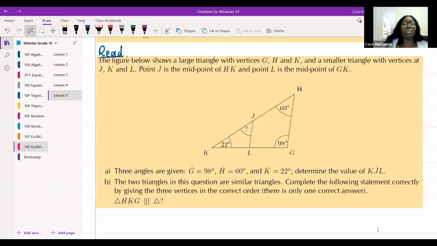Point J is the midpoint of HK, and point L is the midpoint of GK. Now, that tells you a lot, guys. Put it into a statement for me. Let's get to the answer, because I think we already know what angle KJL is equal to.